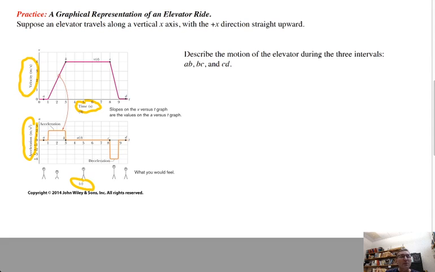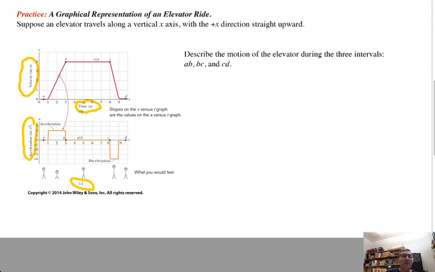Okay? So we have this first little interval right here between time 0 and 1 second where you can see the velocity curve is flat at a value of 0. Well, the value of 0 for velocity means the particle is not moving, it's at rest. So clearly, the elevator cab is at rest for the first second.